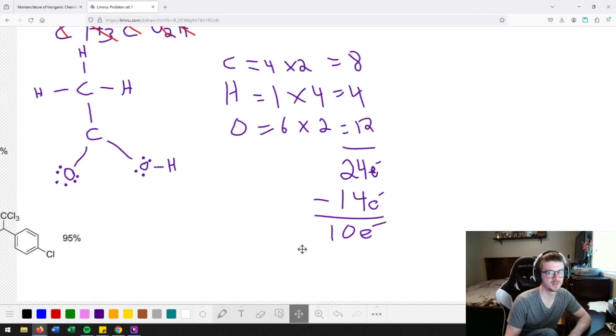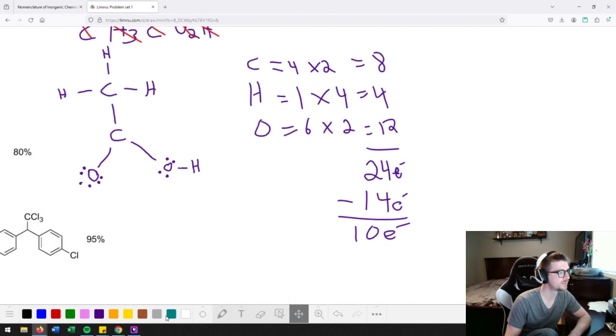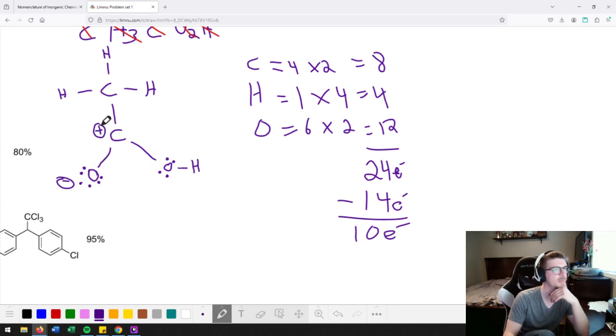So that would be 10 electrons in total that we've added in the form of lone pairs, but we're not quite done because this carbon still has only 3 bonds around it, whereas this oxygen is also unhappy having 1 bond and 3 lone pairs.